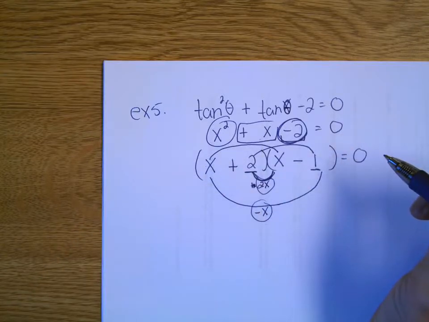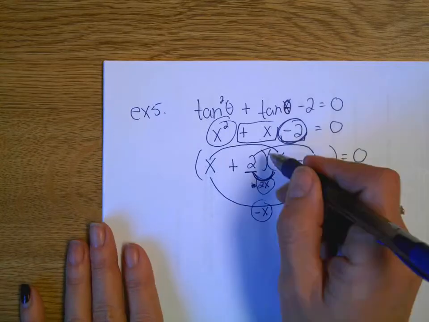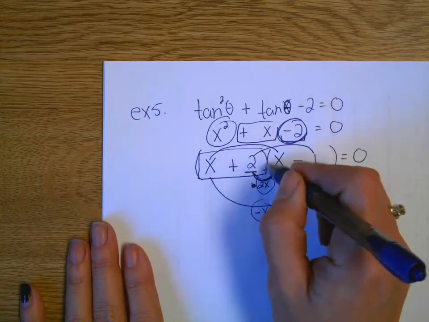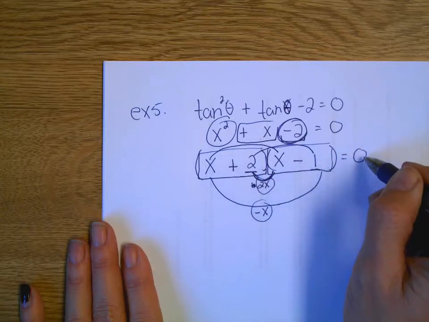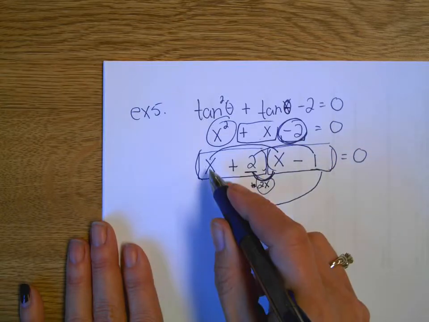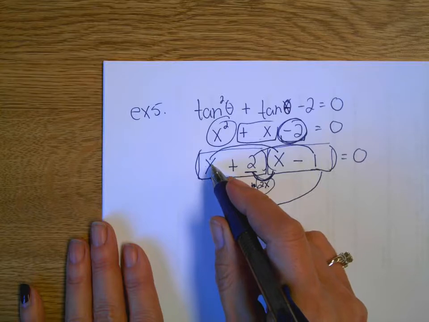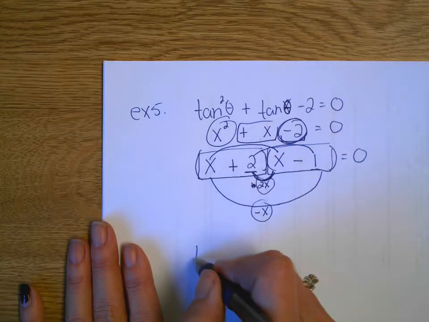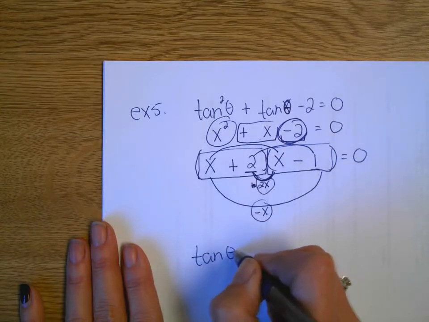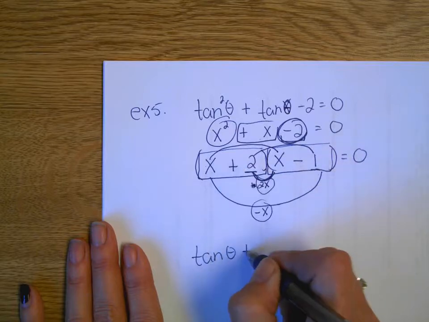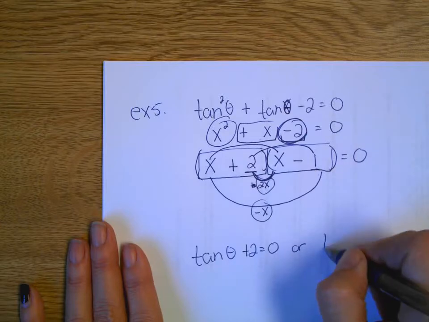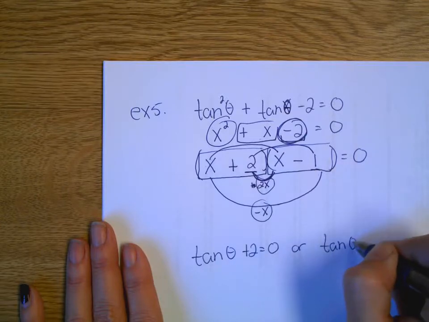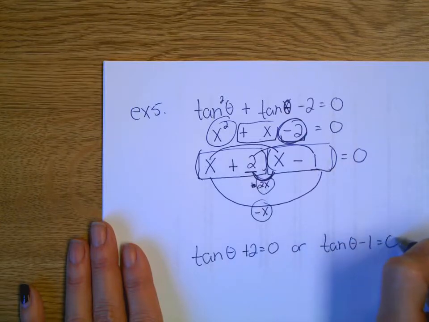Okay. So now we've got thing 1 times thing 2 equals 0. So that means either, I'm going to replace it with the tangent now, x is actually the tangent of theta plus 2 equals 0, or tangent of theta minus 1 equals 0.